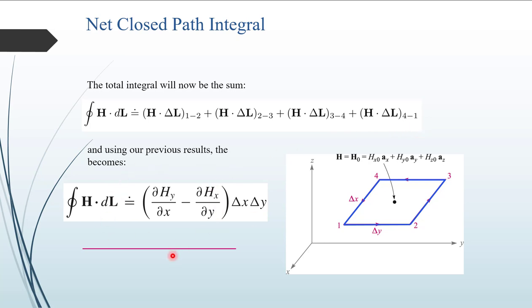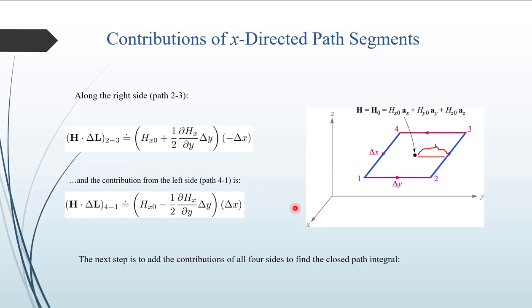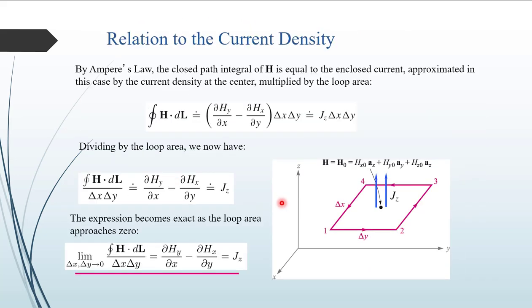So after adding all those things, we will get this equation: dou hy by dou x minus dou hx by dou y into delta x into delta y. That is the result.